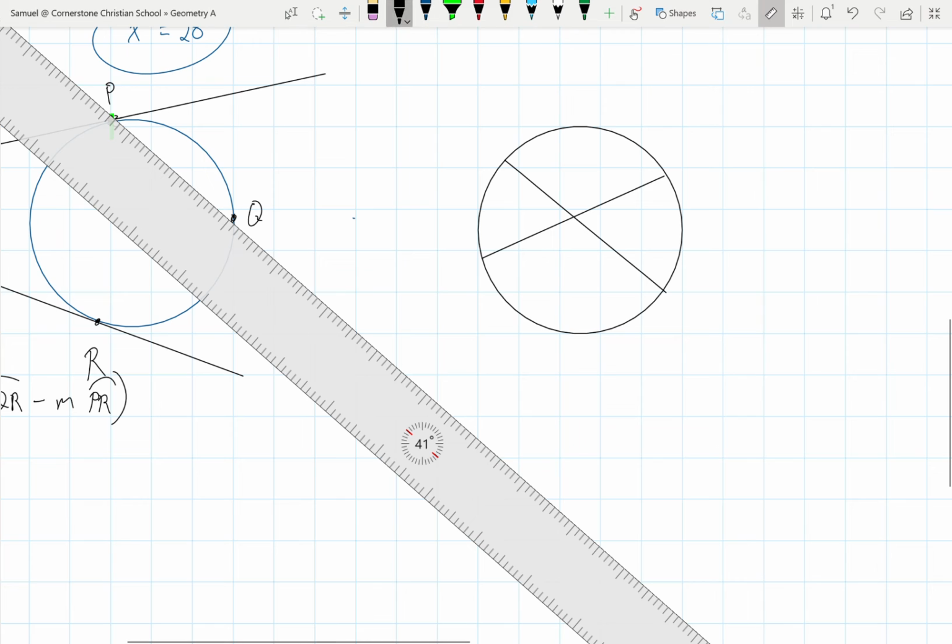Let's talk about angle 1 and angle 2. Now again, use some previous information. If these are chords, which means they're straight lines, then I know that 1 plus 2 has to be 180, so that might become useful at some point. But let's say I have A, B, C, and that's D.